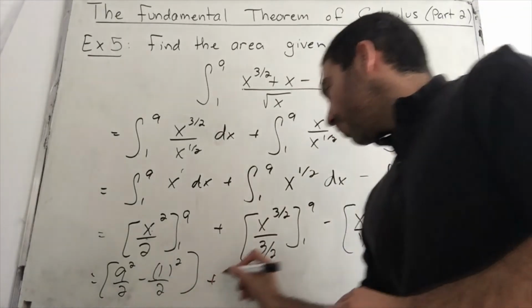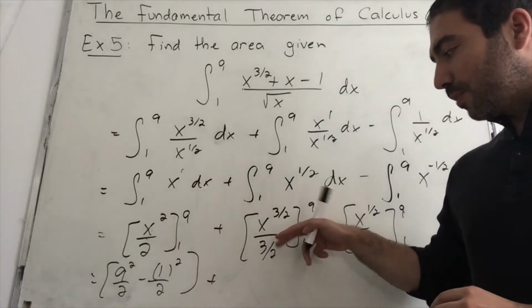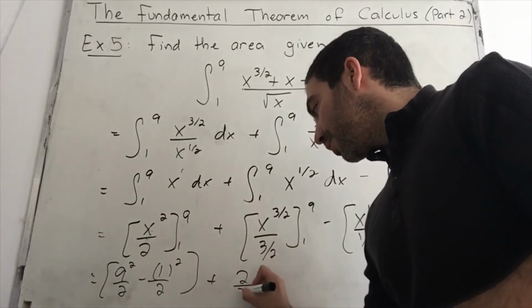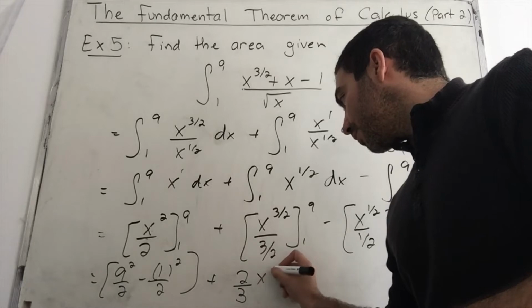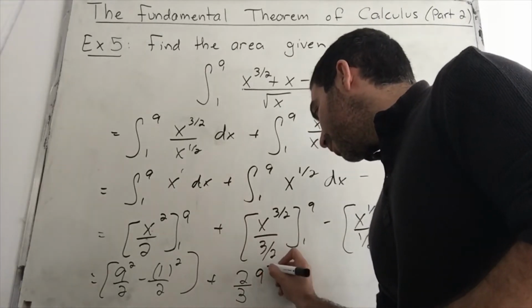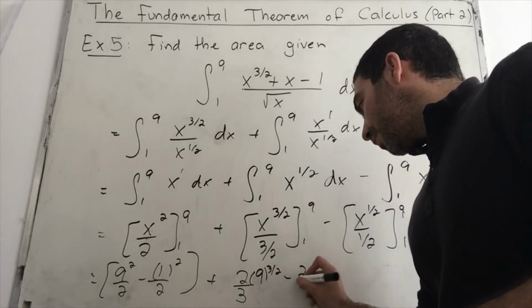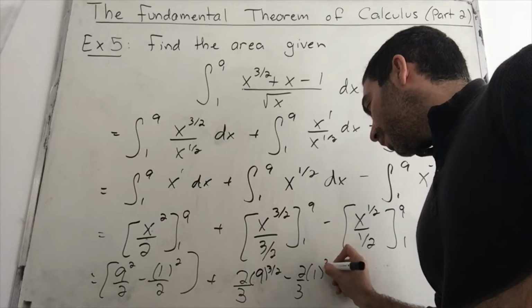Next, you substitute the 9 in. I'm just going to flip the 3 over 2 as 2/3, because you're dividing by fractions, but instead of x, we're going to write 9 to the 3/2 minus 2/3, 1 to the 3/2.